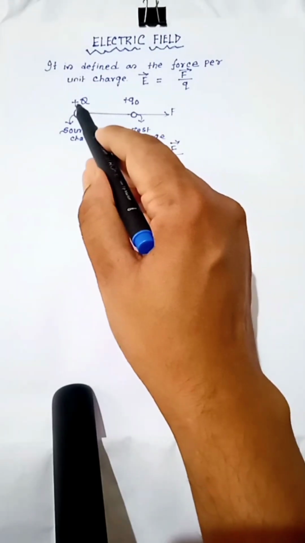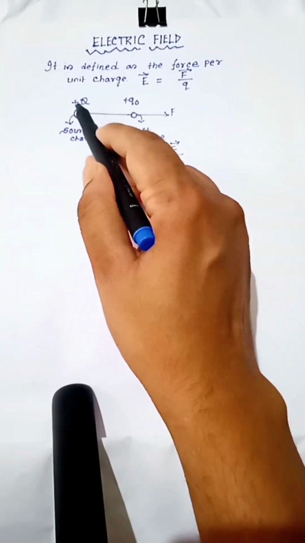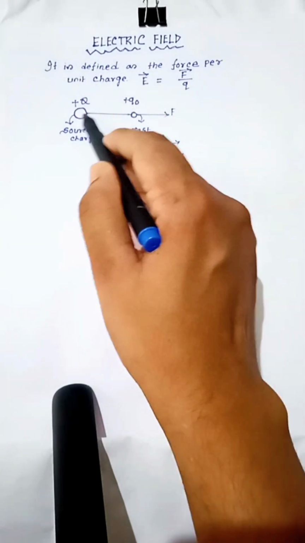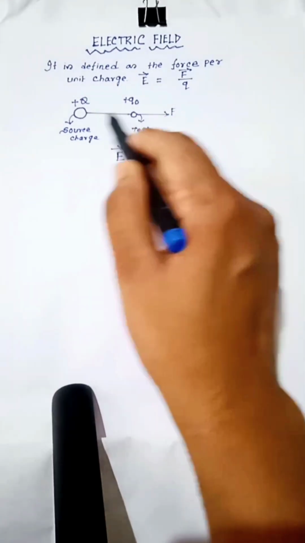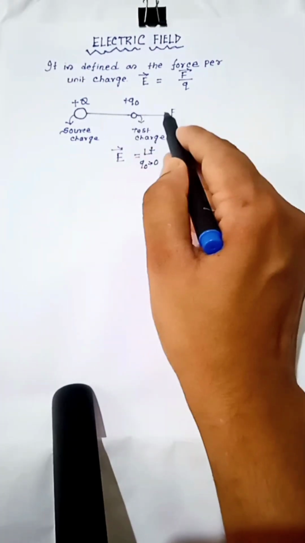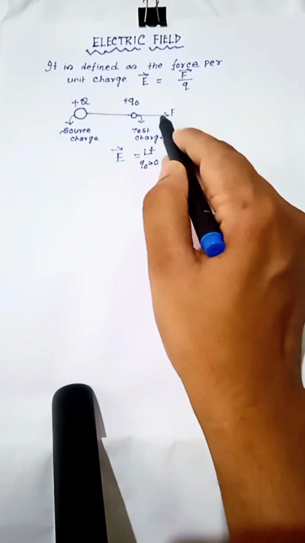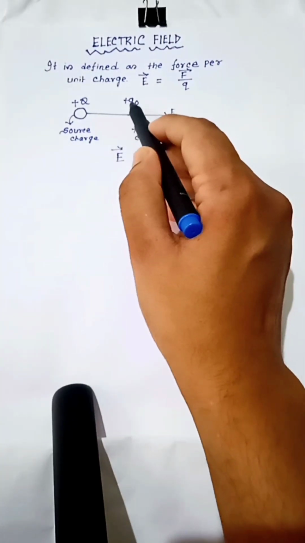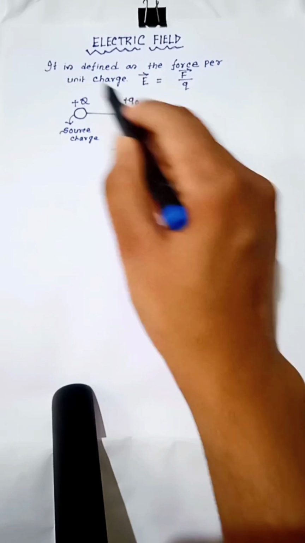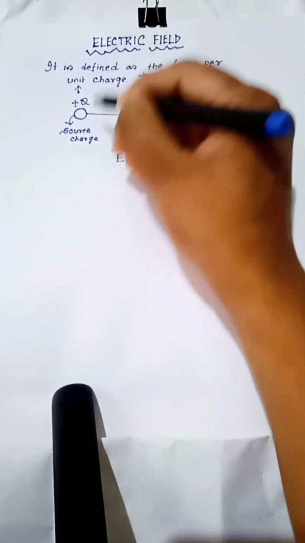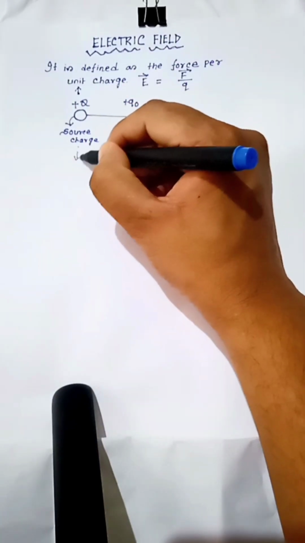Now look at this. Here we considered the source charge is plus Q and the test charge is also plus Q0. So as both the charges are like, there will be a repulsive force between them. So the force is what? This is the repulsive force F. So look at this. If we place this test charge here, then also the force will be along this direction. Here the force is also along this direction.